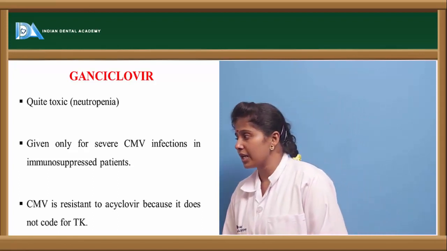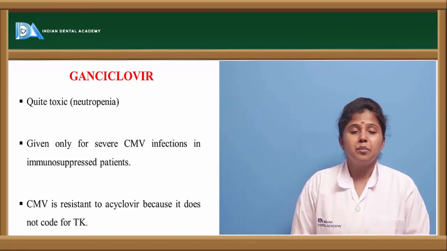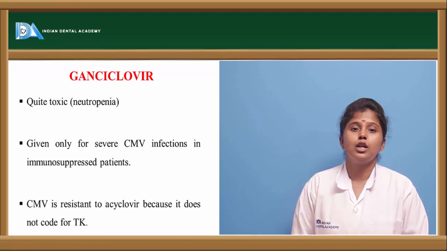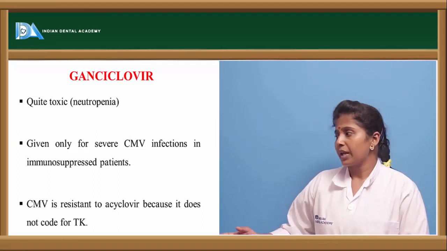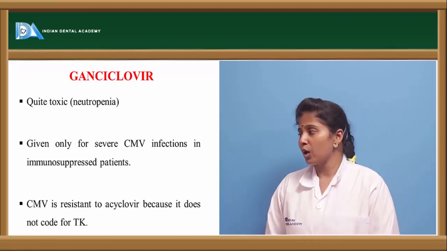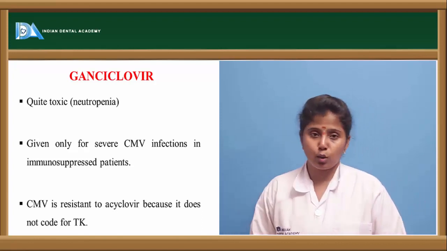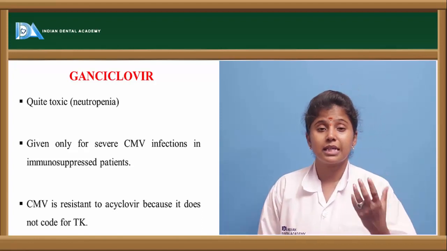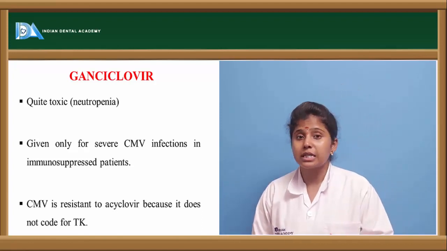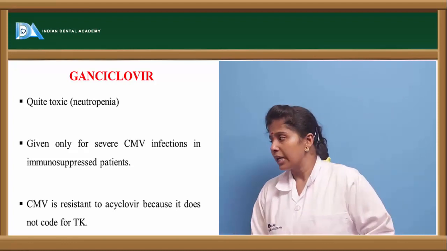In that condition we can give ganciclovir to immunosuppressed patients who have low immune power, and when the cytomegalovirus is resistant to acyclovir. This virus can develop resistance to acyclovir but not to ganciclovir.